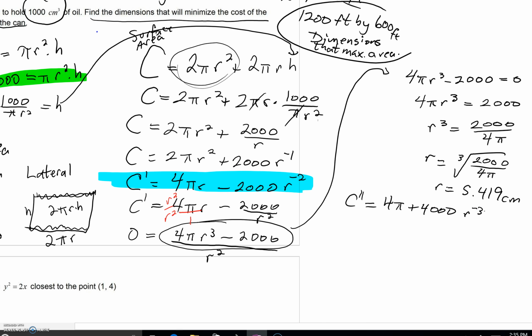The second derivative test is not saying take the second derivative, set it equal to 0. It says find out where your first derivative was 0 and plug it in. Plug it in right here.